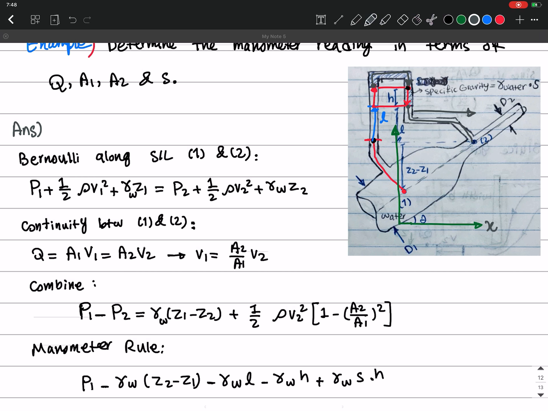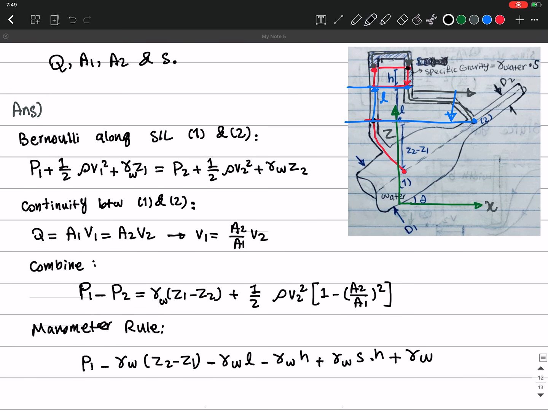The only thing that matters is how much your elevation changes in the z direction, okay? And from here to here, how much is it changed? Elevation, it's L, right? And I'm going to a greater depth, so I have to add gamma water L to my system, okay?